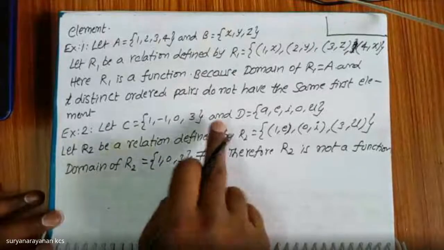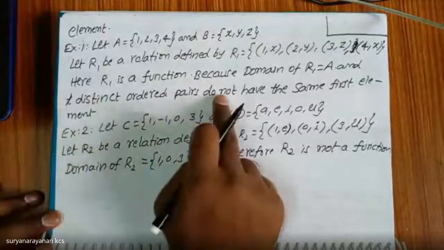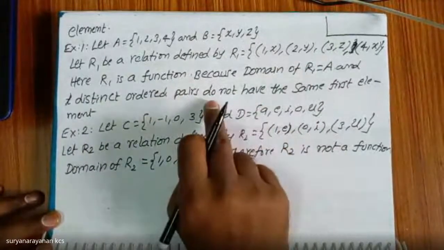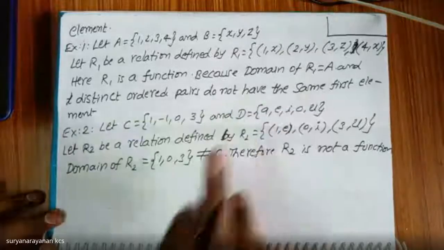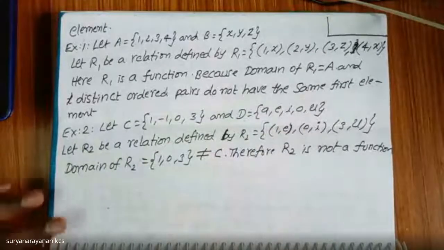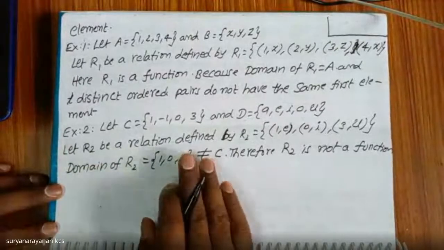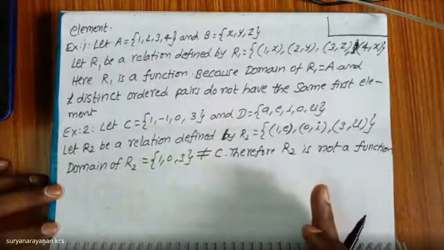What is the second condition? Distinct ordered pairs should not have the same first element. That is the second condition. After the first condition is satisfied, then we go to the second condition.